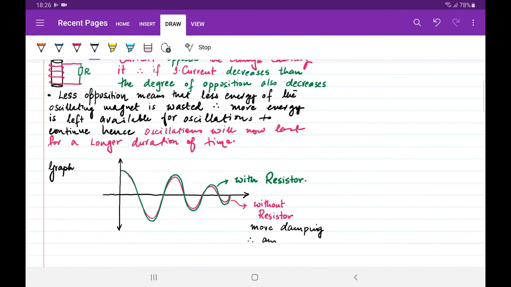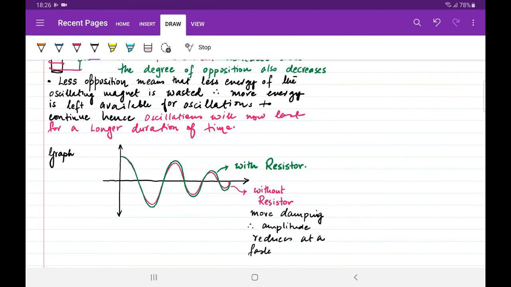Therefore, amplitude reduces at a faster rate. And with resistor, less damping. Therefore, amplitude reduces at a slower rate.